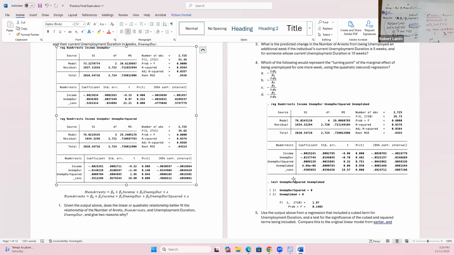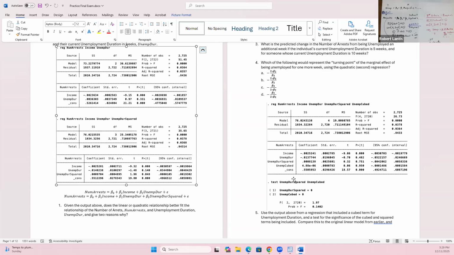If I just had the linear and squared term, it looks like the squared term should be included, right? When I include the cube term, it now makes it look like it shouldn't, right? So I can't use these results to say that the squared term should not be included.